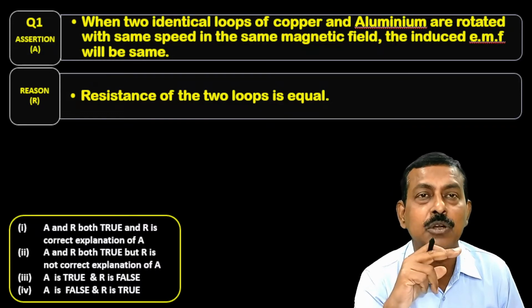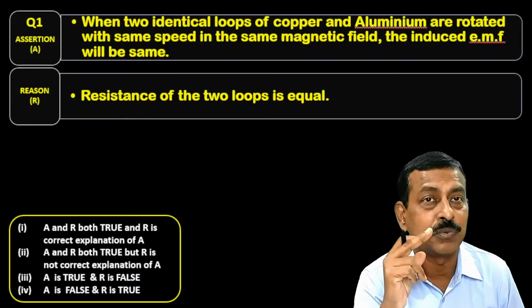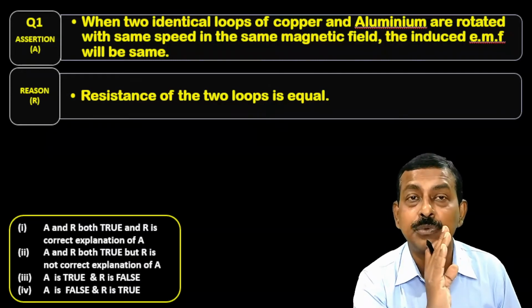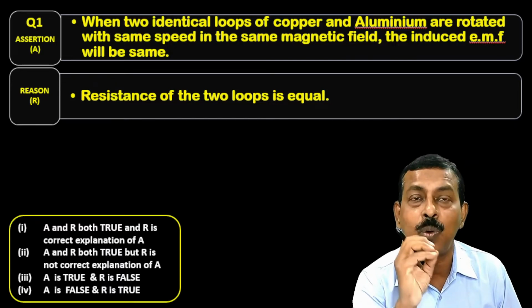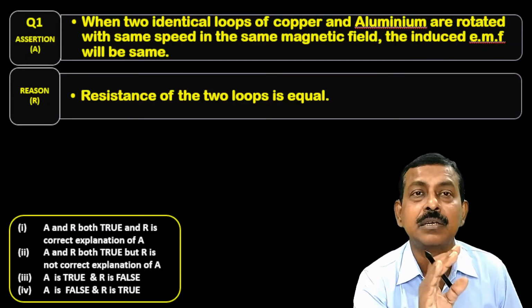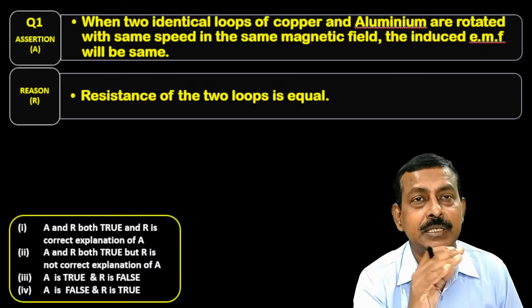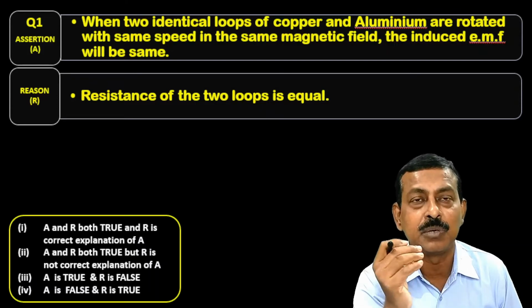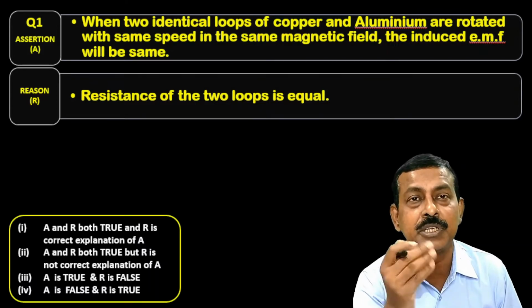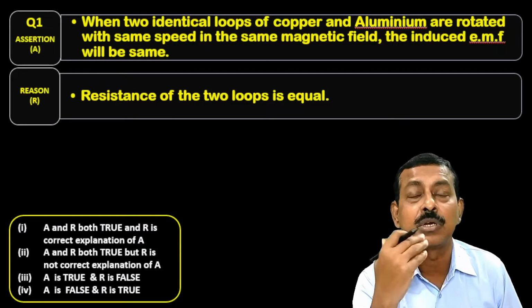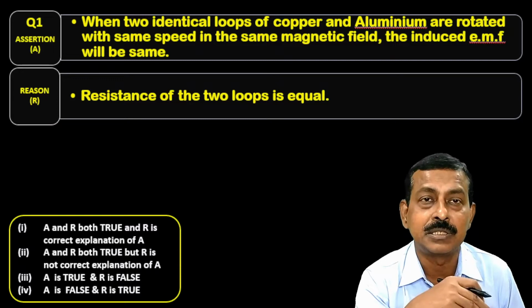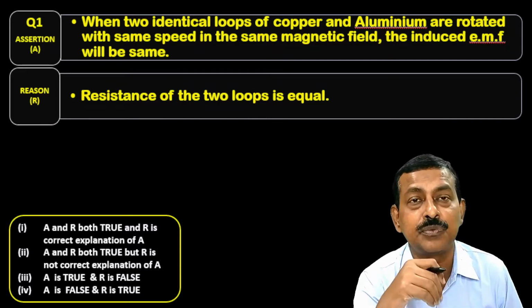Because out of that options only you have to select the correct one, and since it may vary from question to question, that is why you have to check what are the options given. Never take the options for granted, that first one will be assertion and reason both true, reason is the correct explanation. Second is that assertion reason both true, reason is not the correct explanation. Third one is assertion is true, reason is false.